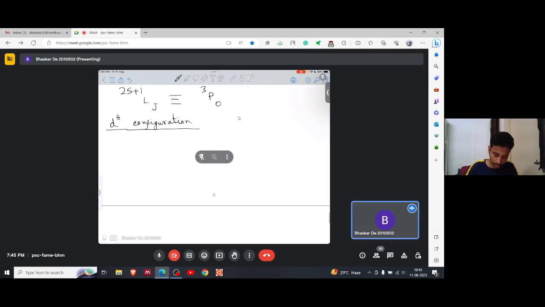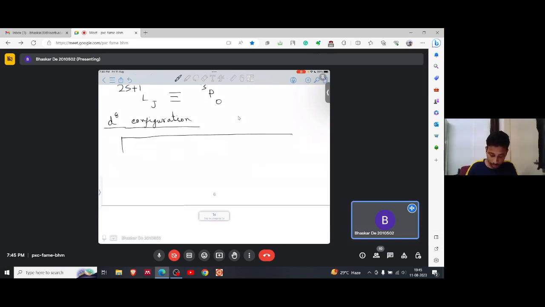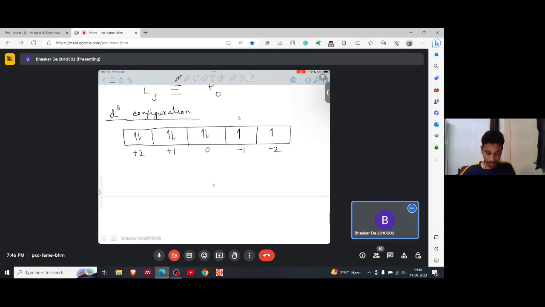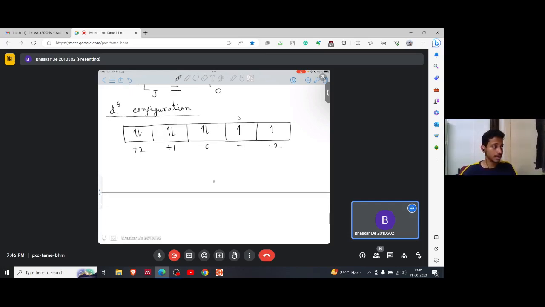So D8 means, first I will draw the boxes, up spin. This is the D8 configuration. There are 8 electrons.